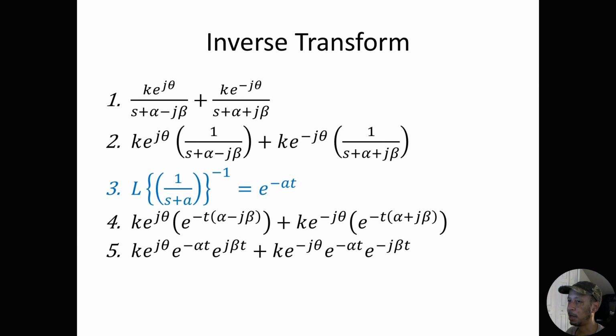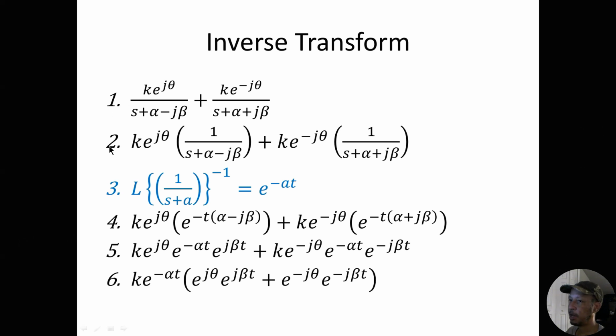Next I factor out k times e to the negative alpha t, and I'm left with this expression inside the parentheses, which is e to the j theta times e to the j beta t plus e to the negative j theta times e to the negative j beta t.